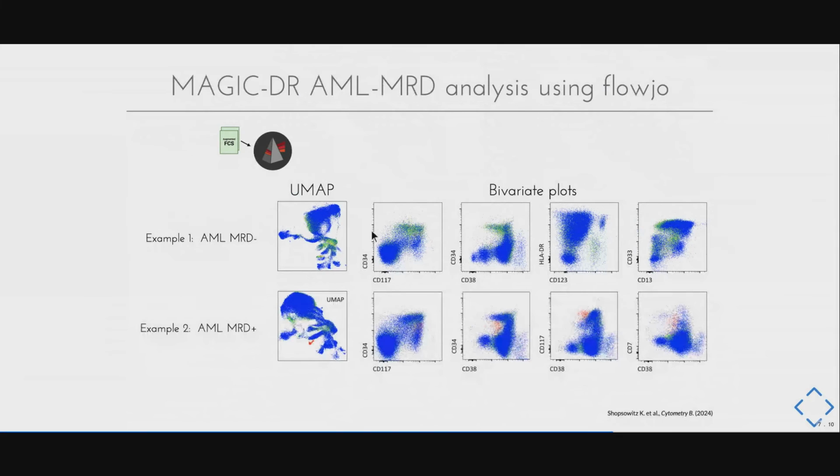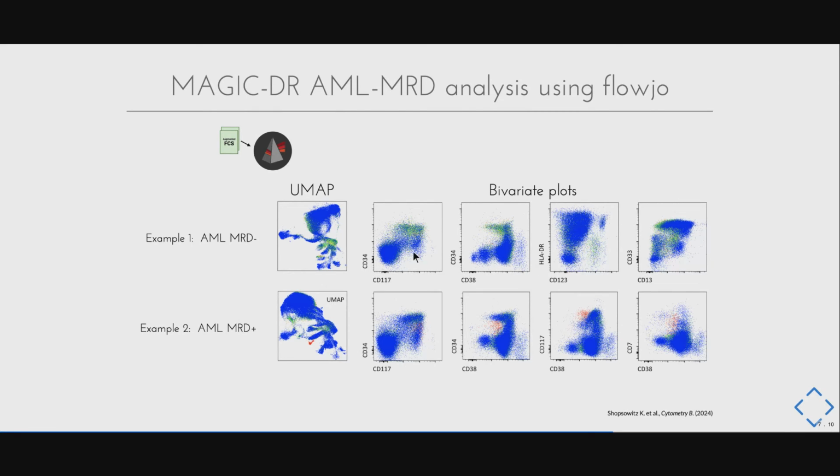So this slide shows how the visualization was done using the enhanced FCS file in commercial software. Here we use FlowJo. The enhanced or augmented flow cytometry files generated by the MatchDR pipeline are imported into FlowJo, and we can then plot the UMAP plot along with the traditional bivariate plots.